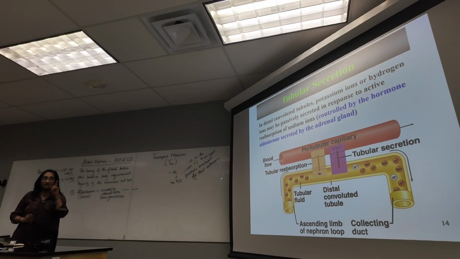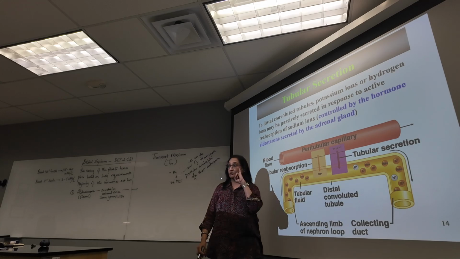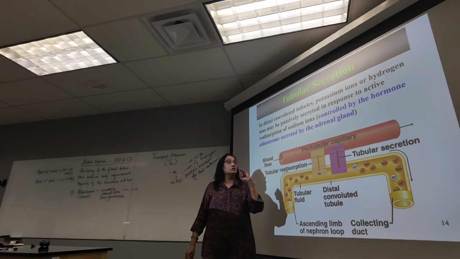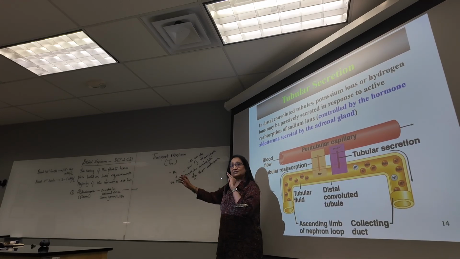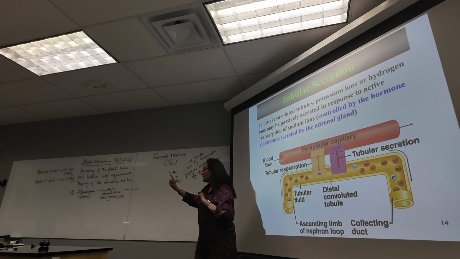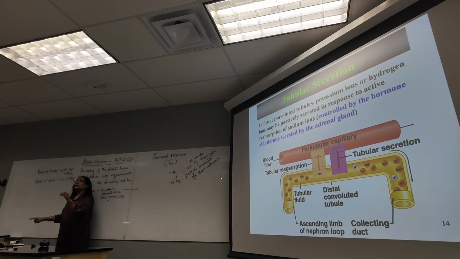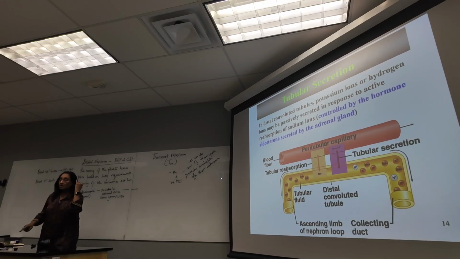So potassium levels have to be kept very, very low in blood if you want your nerves and your muscles to function properly, because potassium is responsible for the resting membrane potential. So the moment this increases or decreases, it will definitely have an effect on muscle function, nerve function.